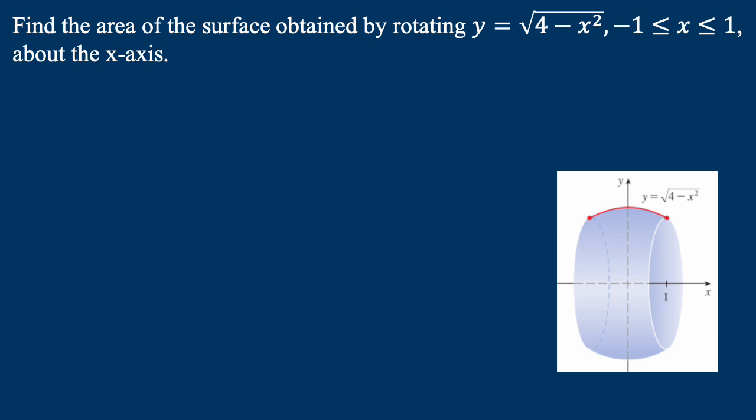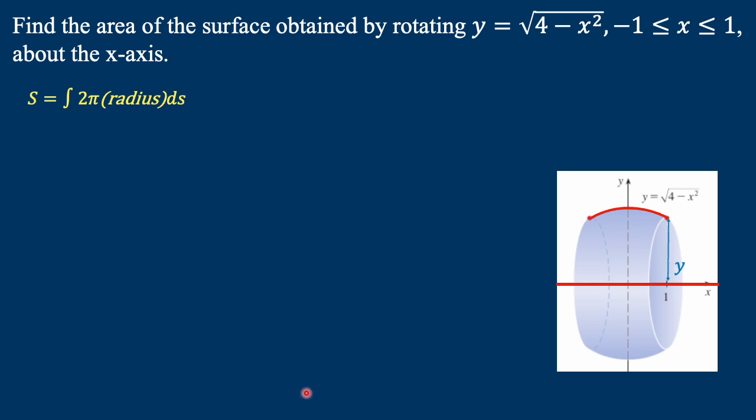Let's do the first example for surface area. Consider the function y equals the square root of 4 minus x squared. That's the curve. We're going to rotate this curve about the x-axis from -1 to 1. This one is rotated about the x-axis in y equals f of x form, so we use this surface formula.